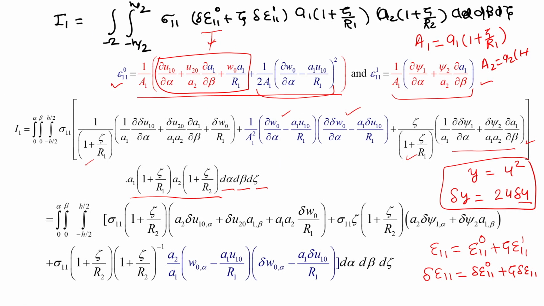If you take it inside, then the bottom 1 plus zeta by r1 will be cancelled out. So, inside will be a1, a2 and 1 plus zeta by r2. So, sigma 1 1, 1 plus zeta by r2, take it common out, and if you put a1 a2 inside, a1 gets cancelled out.